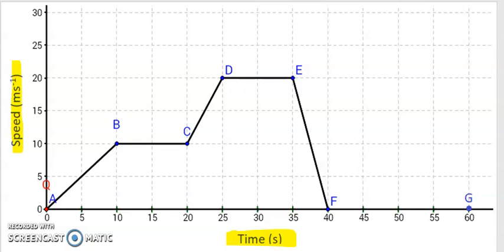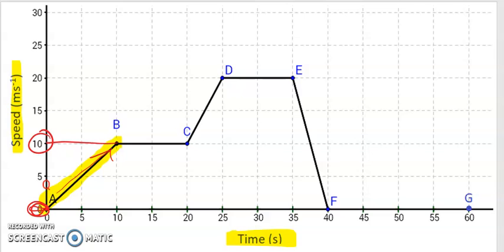Alright, for section A to B, we have an upward sloping line. Now notice that it goes from 0 meters per second to 10 meters per second. So this person's speed has increased in this first part from 0 meters per second to 10 meters per second.